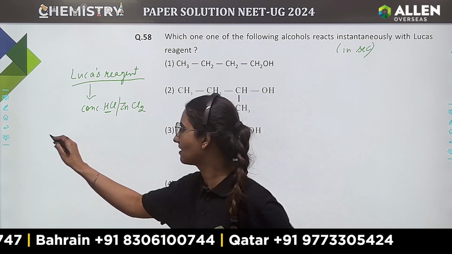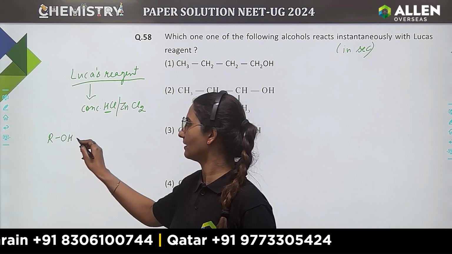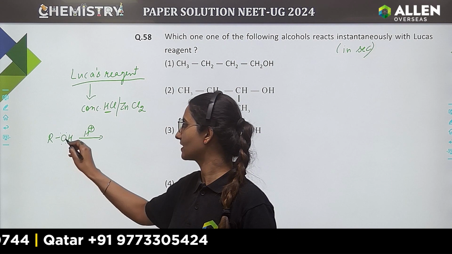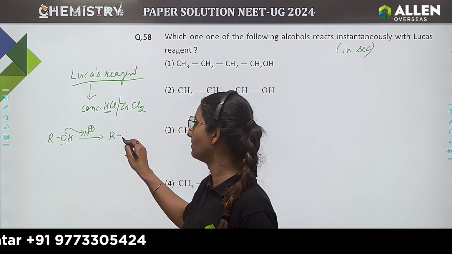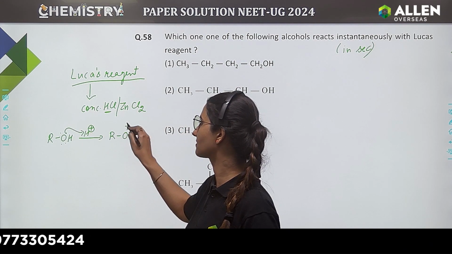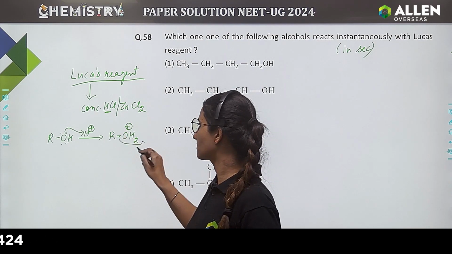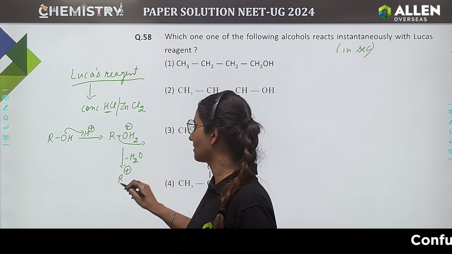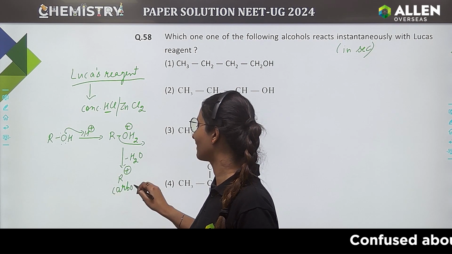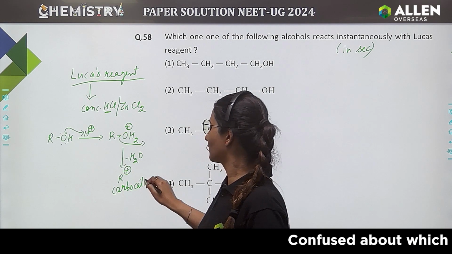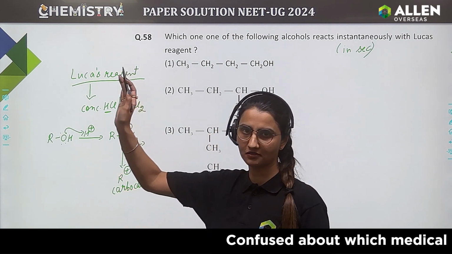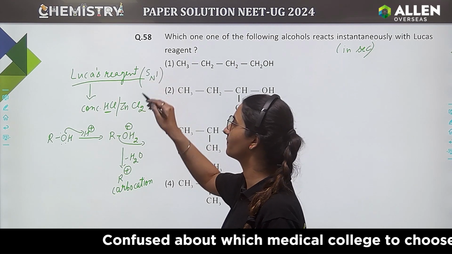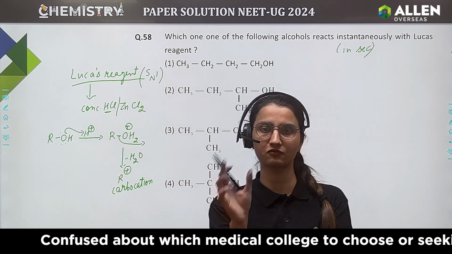Check, see, ROH. If I am putting H plus, in the first step it will take one H plus and form ROH2 plus. This is lost, and what do we get? We get a carbocation. So students, this Lucas reagent follows which pathway? It is the SN1 mechanism.